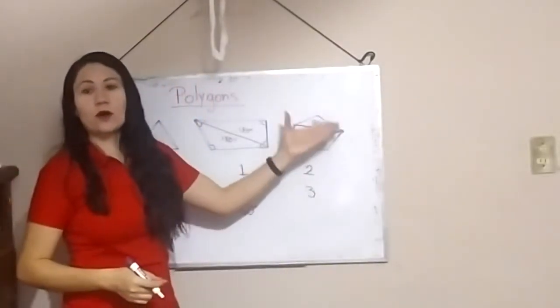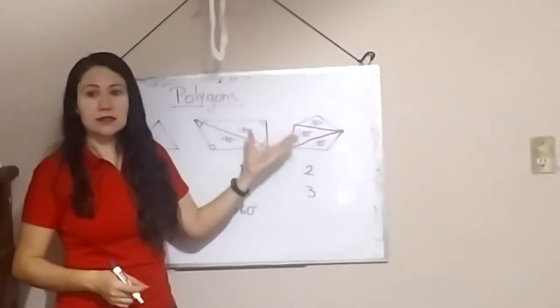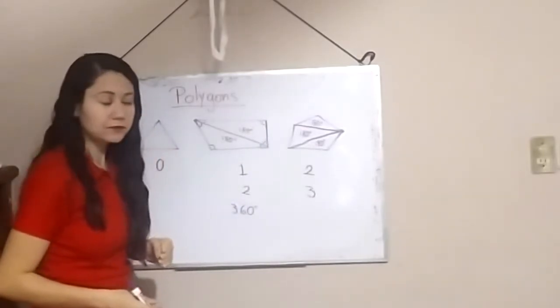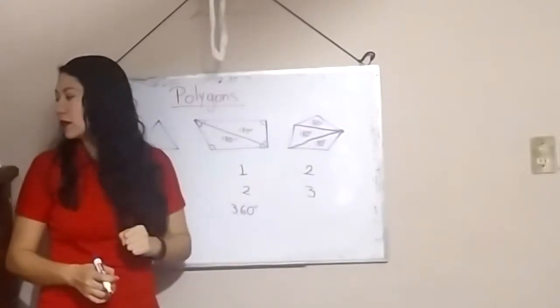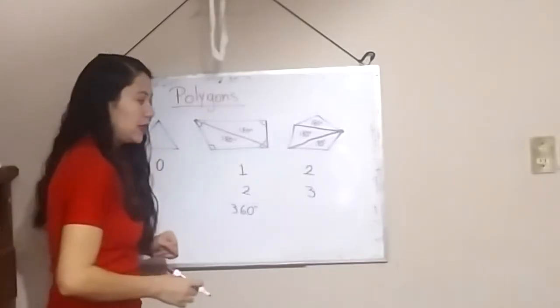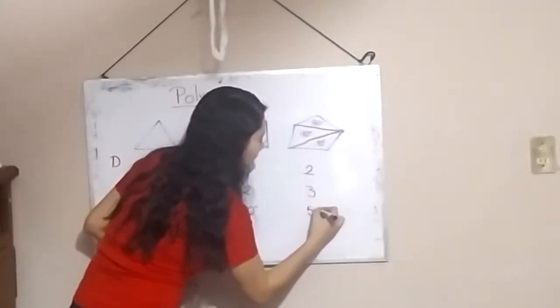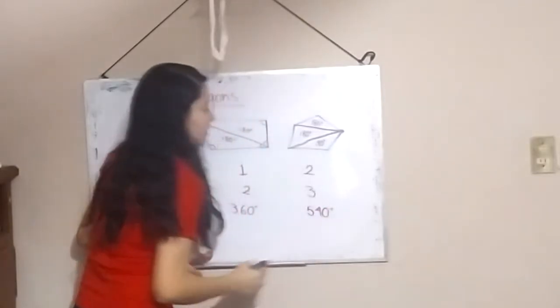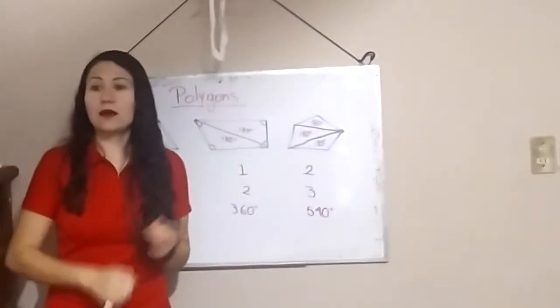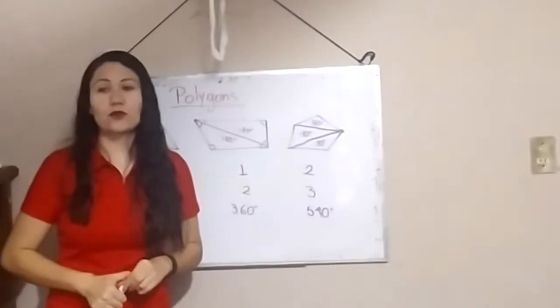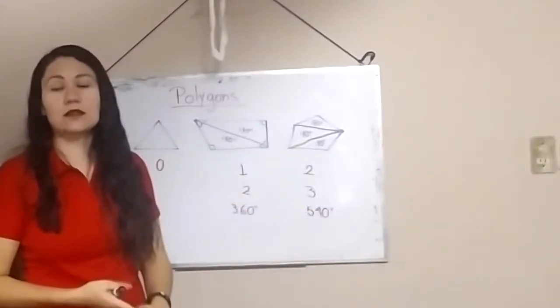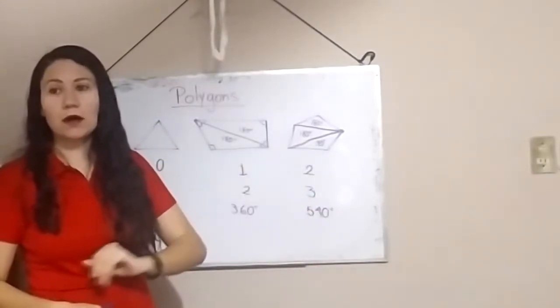What would be the total measure of the internal angles of the pentagon? It would be 540 degrees. Okay, and we could use this to measure the internal angles of any polygon.